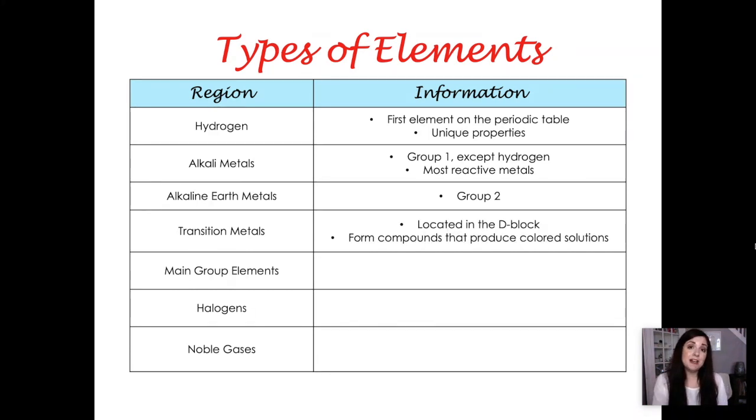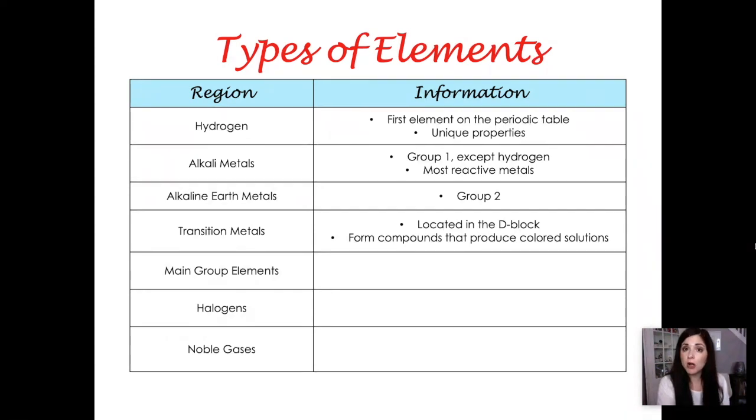Transition metals you can find in that D block, so that whole middle section of the periodic table. Those are transition metals. And something interesting about the transition metals is that they form compounds that produce colored solutions. So anytime you're working in a lab and you have, let's say, a blue solution, or you have a green or a purple solution, those solutions most likely contain some sort of dissolved transition metal.